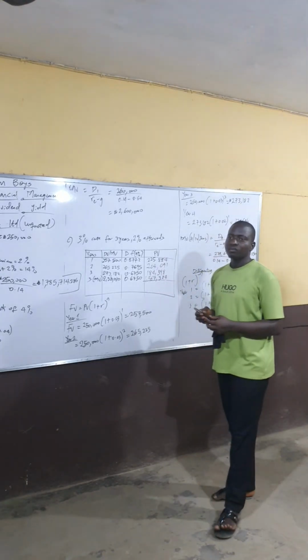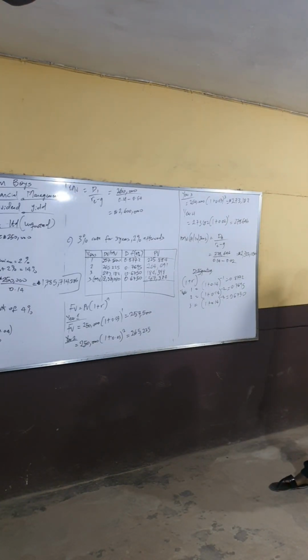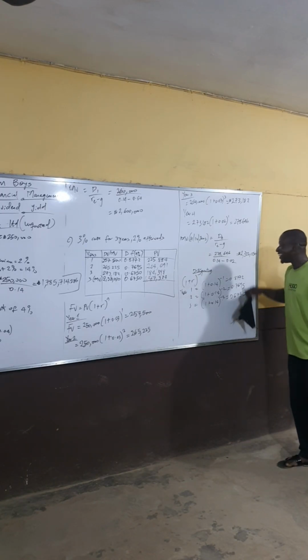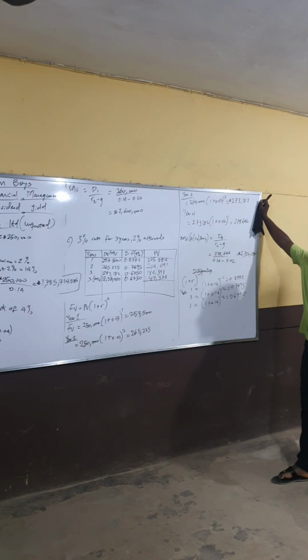What's that? I'm just trying. But look at what you're putting in the calculator. How would you do it? How will you get it?